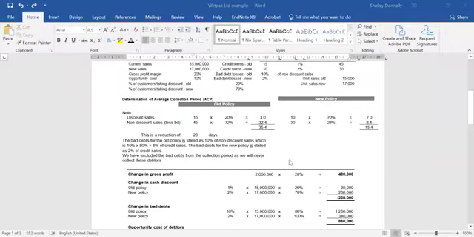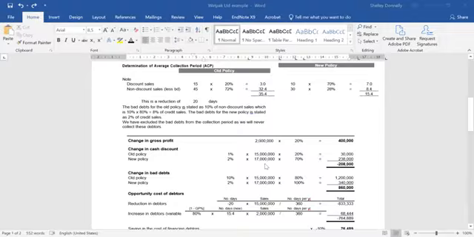Now, 20% of their customers take the discount, so 80% don't. So it's 10% of the 80% that don't take the discount that will go bad. So it's 10% of 80% of their whole sales figure that they currently lose in terms of bad debts.